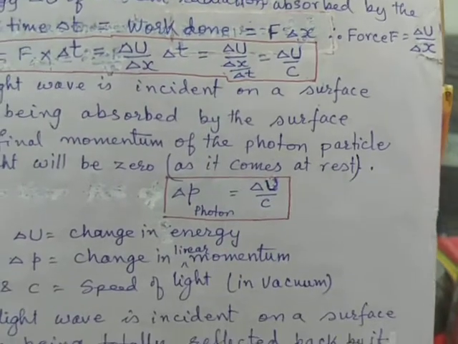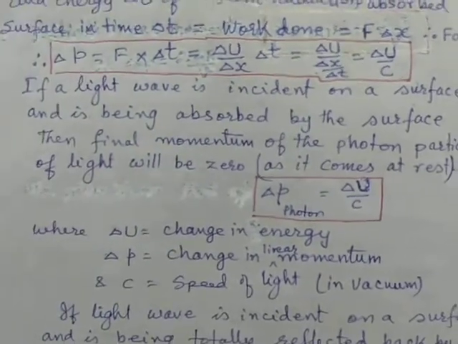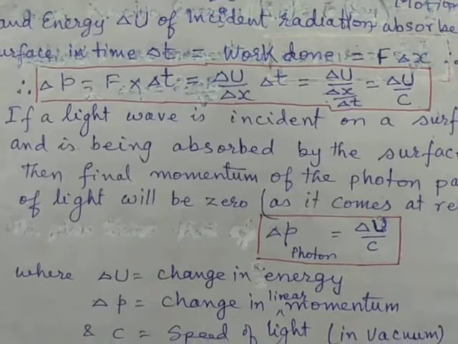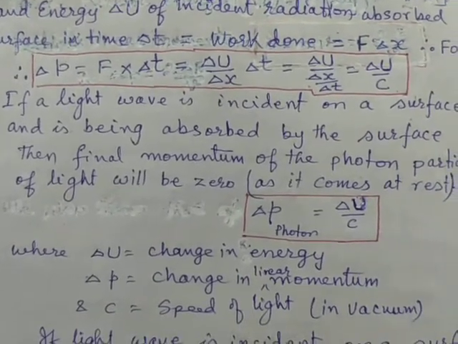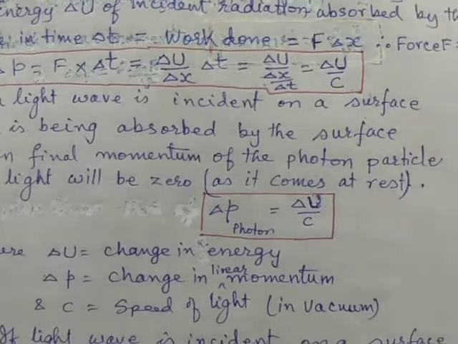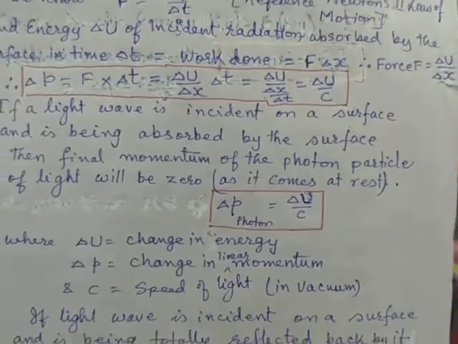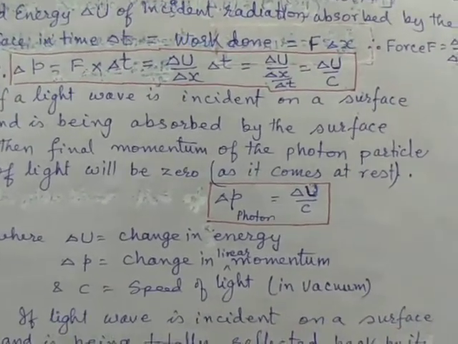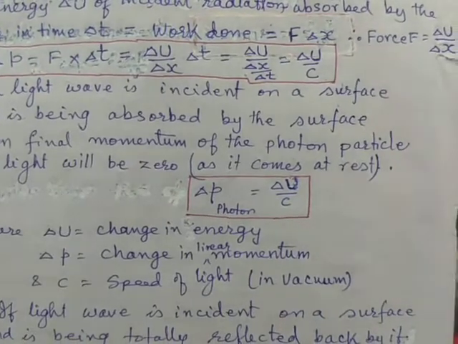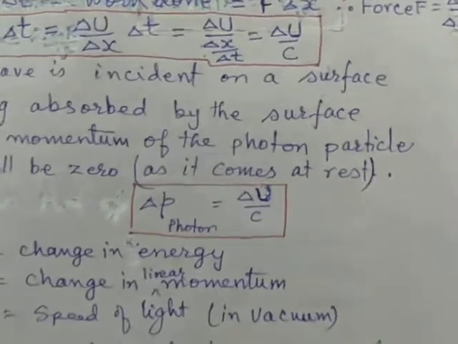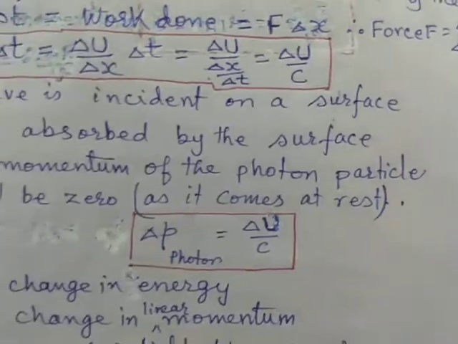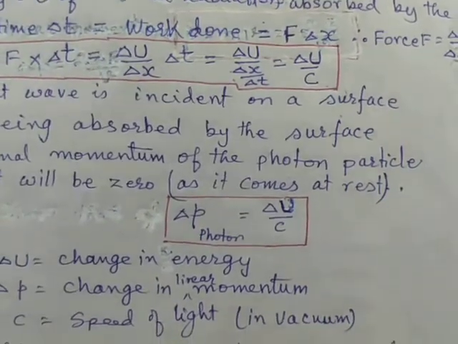On putting this value of force in the expression for delta P, which is equal to F into delta T, we have delta P is equal to delta U by delta X into delta T. On rearranging, we see that delta P becomes equal to delta U upon delta X by delta T, and delta X by delta T is nothing but speed.